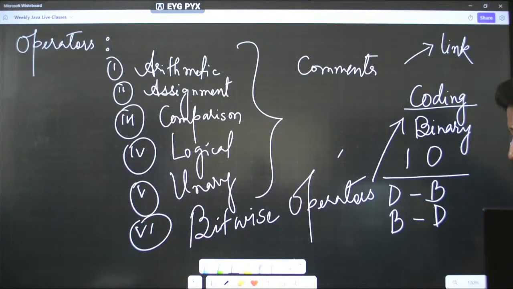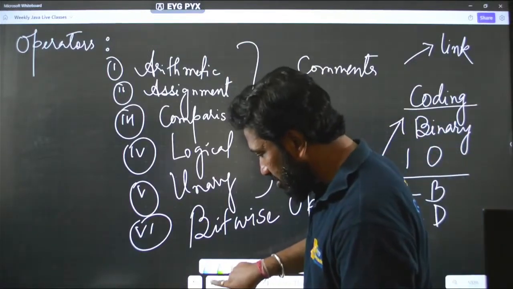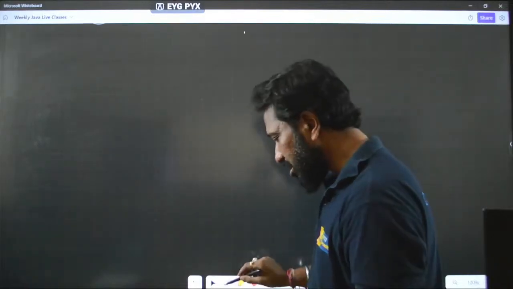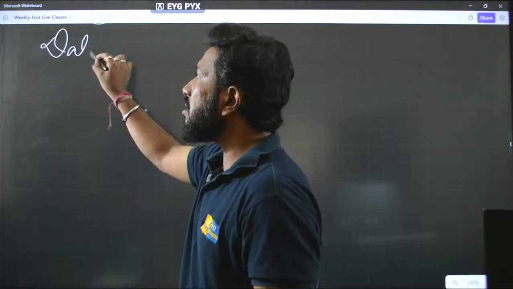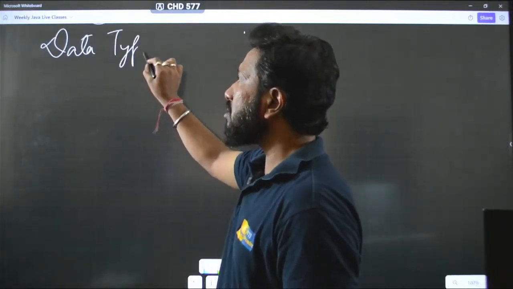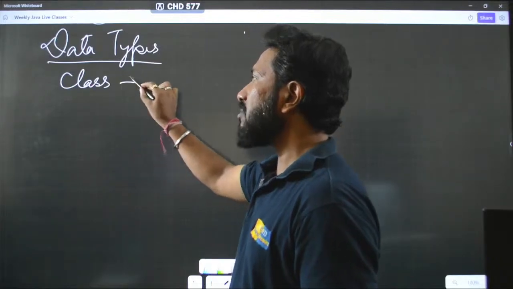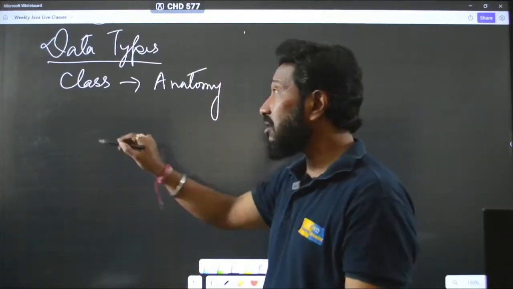One more thing, I actually missed a very important topic that I want to discuss with you. We have already talked about data types, what a class is, the anatomy, and even the writing syntax.